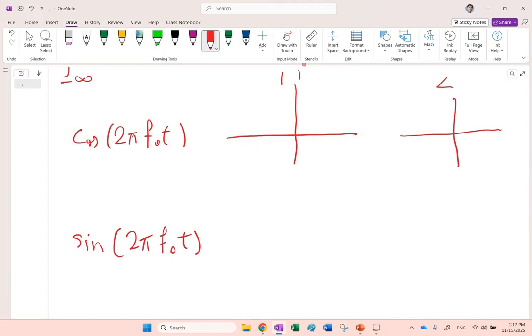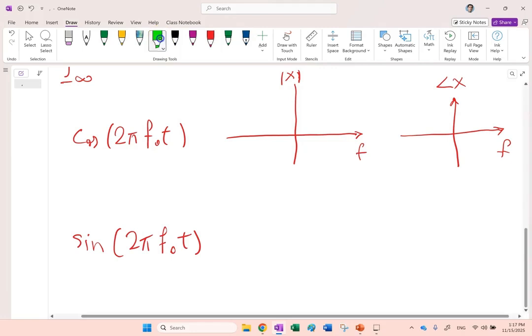If I call the Fourier transform of that x, this is the magnitude of x of f, this is the phase of x, and both of them versus f. So for cosine, you clearly have one spike here, one spike there.